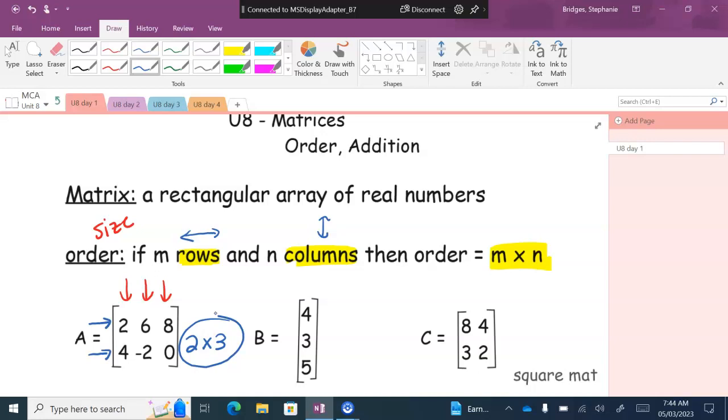So we already said that A was a 2 by 3. With B, how many rows do I have? 3, okay. And then if I'm looking at columns, how many columns do I have? 1, okay. So B has an order of 3 by 1. 3 rows by 1 column.